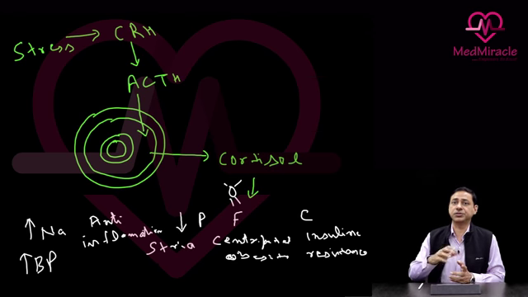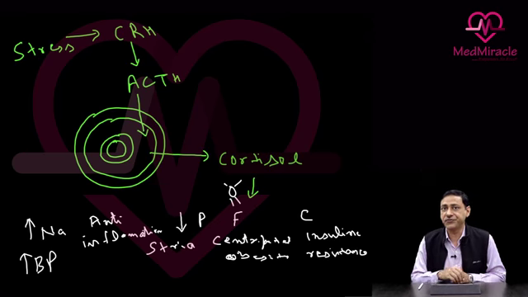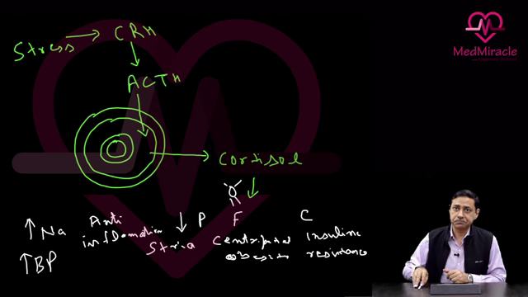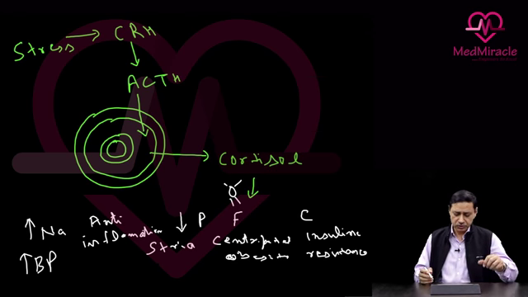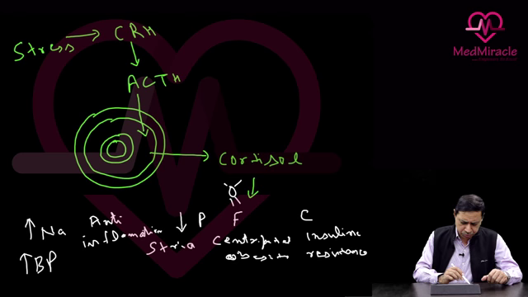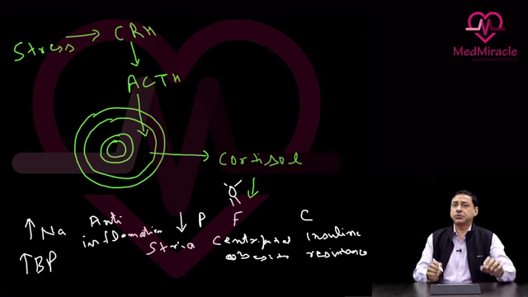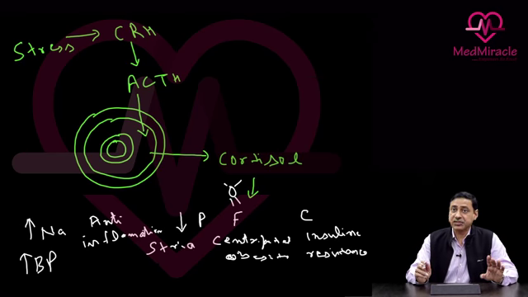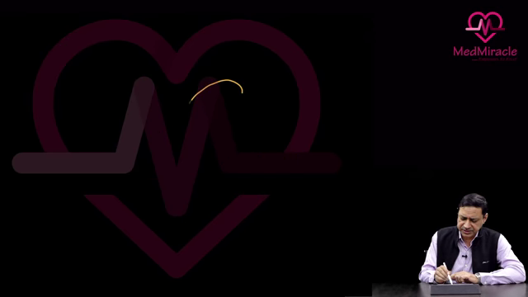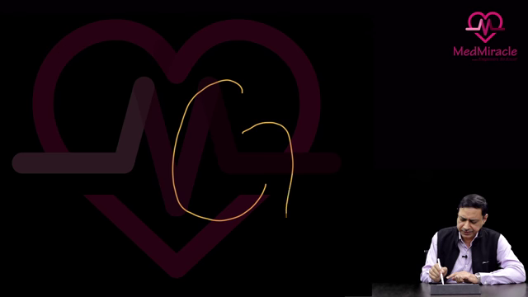So many Cushing syndrome patients will be hypertensive because cortisol has some sodium-retaining property. A point worth noting here related to sodium retention: cortisol goes to the kidney and leads to sodium retention, just like aldosterone. But suppose this is the kidney.